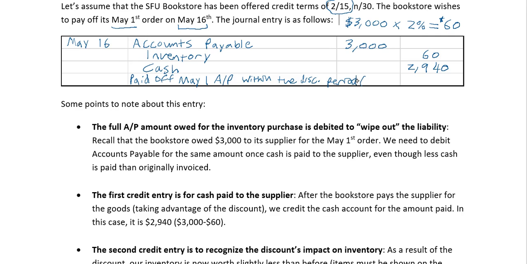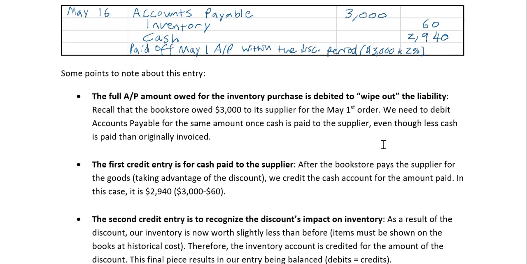I'm going to go ahead and write a quick calculation just so in future people can see where that number came from. $3,000 times 2%. Okay, so that looks good.